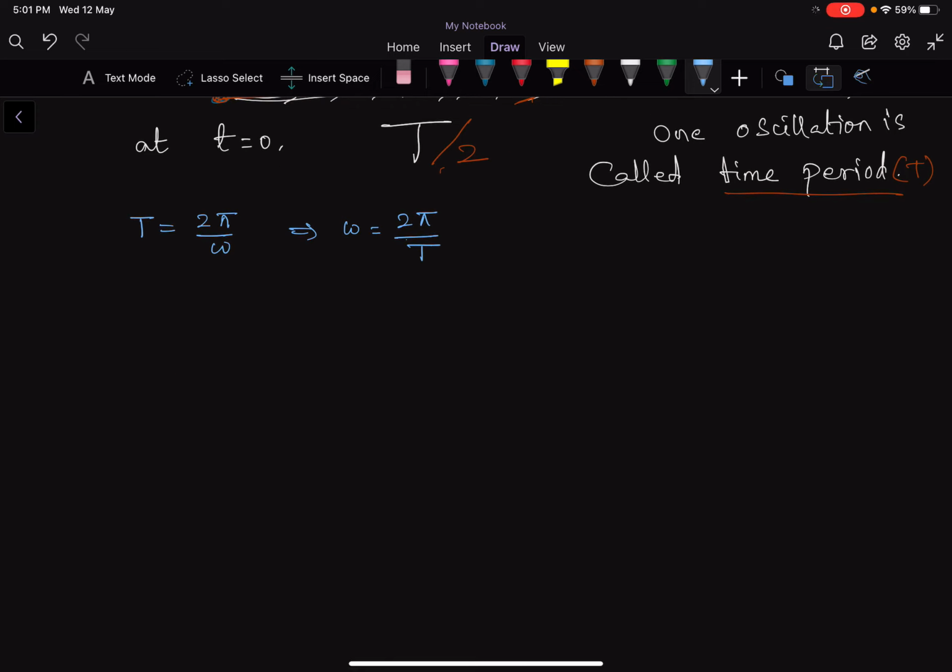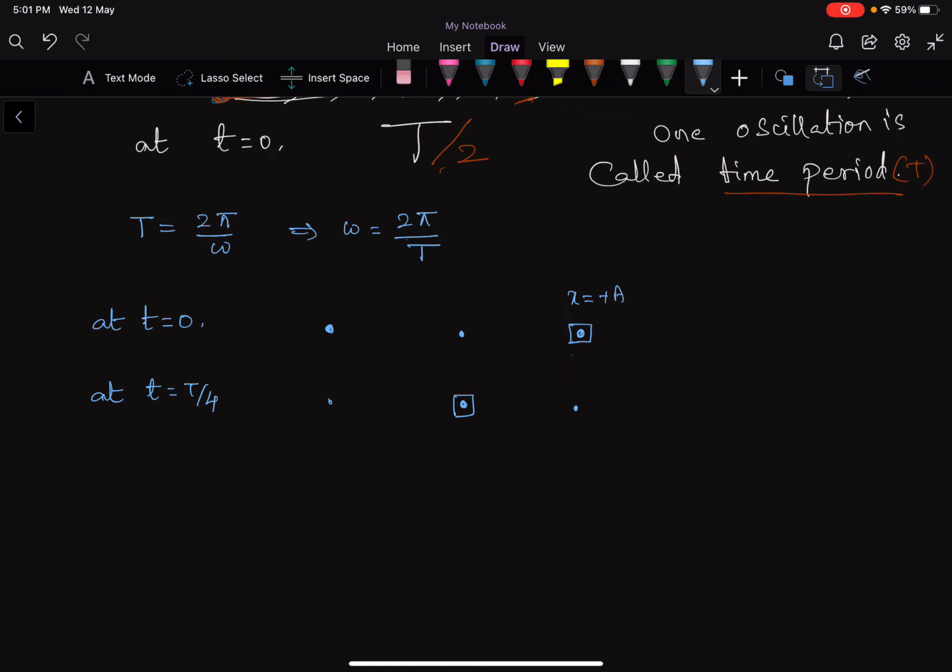See here, let at t equal to 0 the particle start from the positive extremum. At t equal to T by 4 seconds, the particle will move up to the mean position.